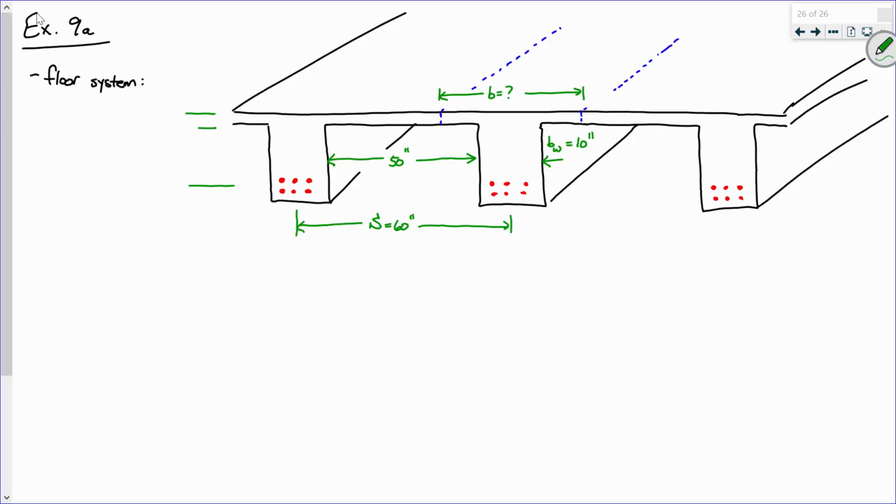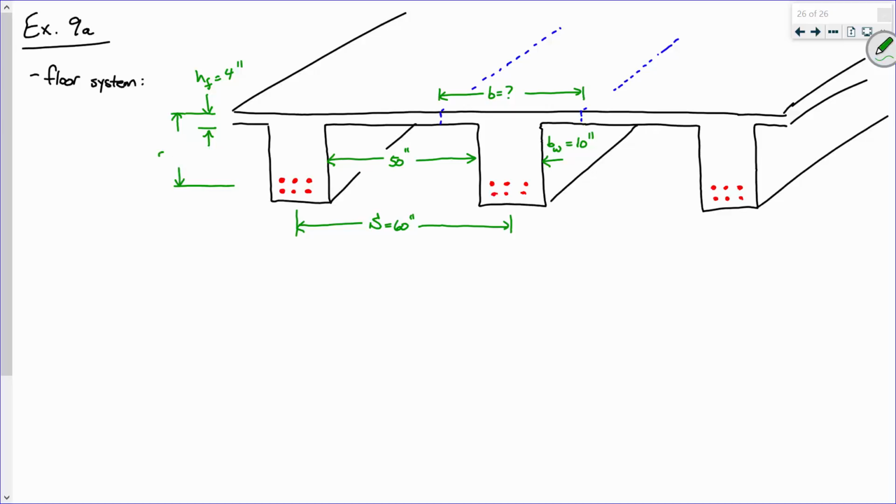Okay, so one thing, we know that this dimension right here is h sub f, and that is 4 inches. And this dimension right here is d, and that is 24 inches.